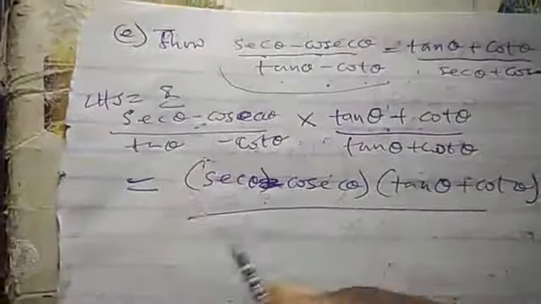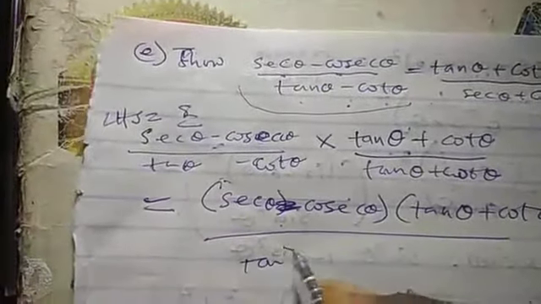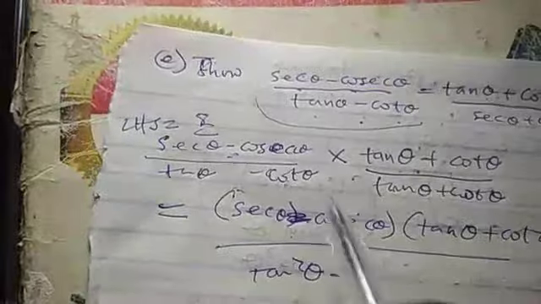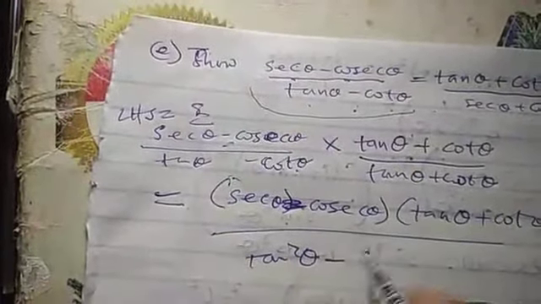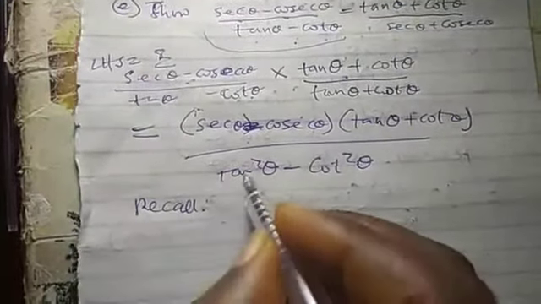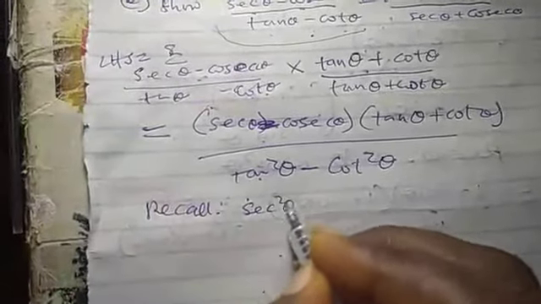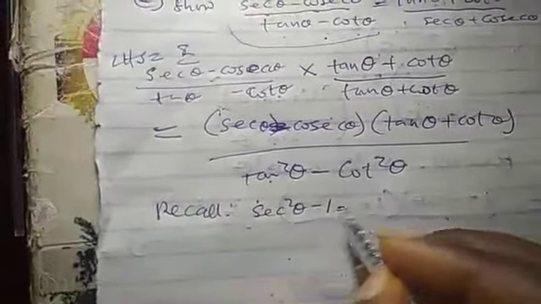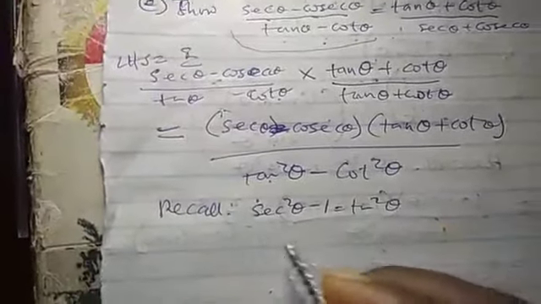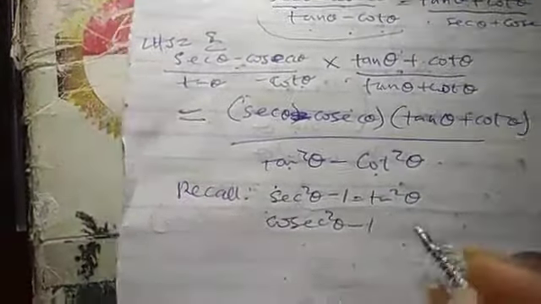This is difference of two squares. If I expand it, tan theta times tan theta, we have tan square theta, minus cot theta times cot theta, we have cot square theta. From this place, I will now recall that tan square theta is sec square theta minus 1. Also, cot square theta is cosec square theta minus 1.